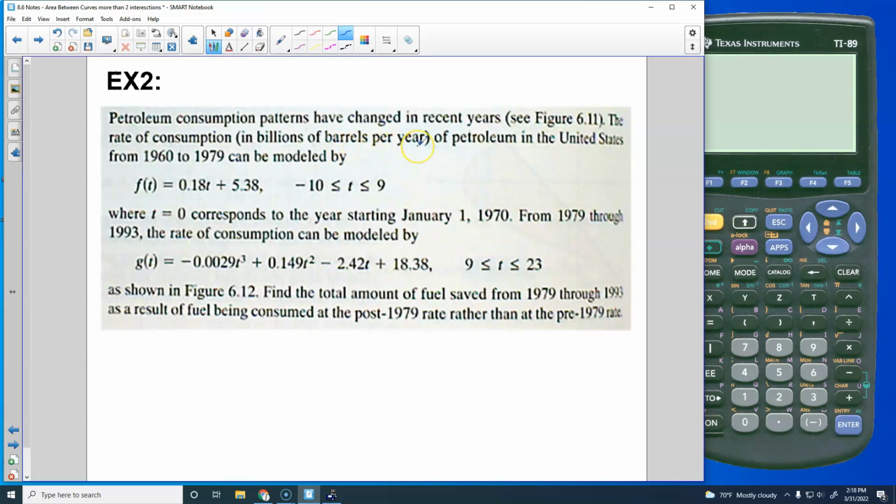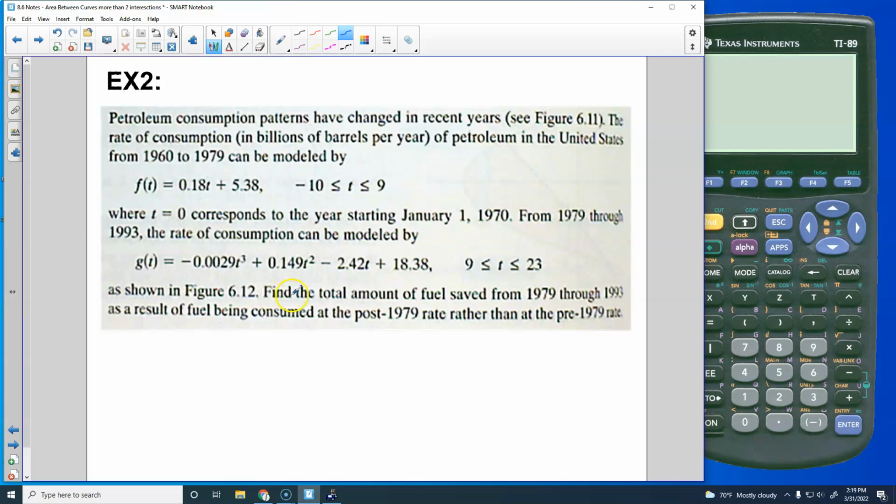Then in 1970, they looked at the data, or this textbook made up this problem where they looked at the data, and they changed the consumption model to be this cubic function right here.